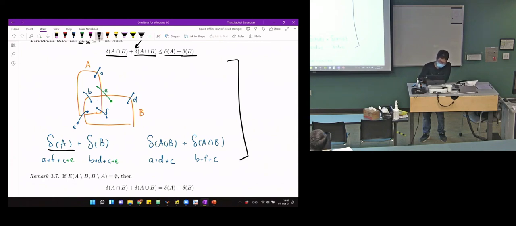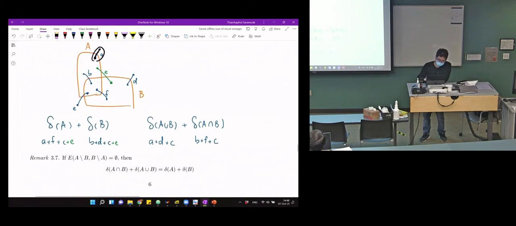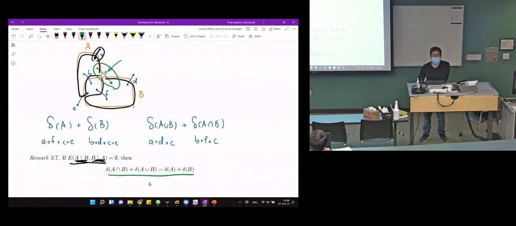Well, cut size of A, then you count the case where you go from A to outside. And yeah, I let you verify it. Actually, if there is no edge between A minus B and B minus A, then they will be exactly the same.